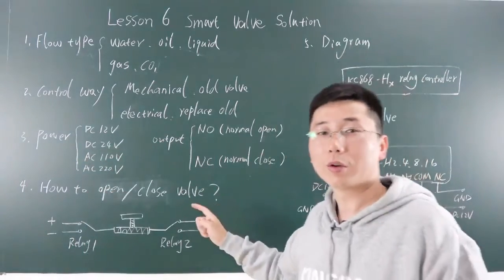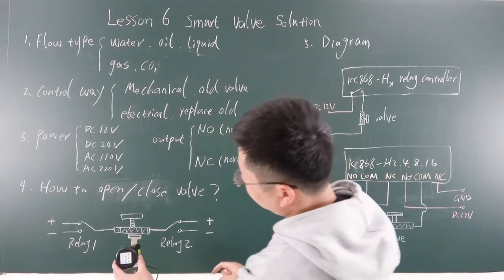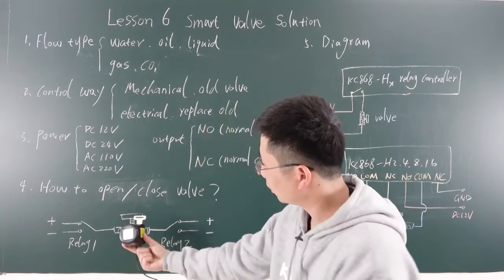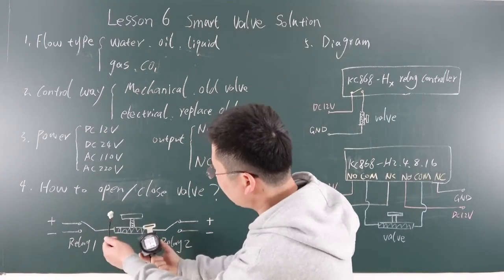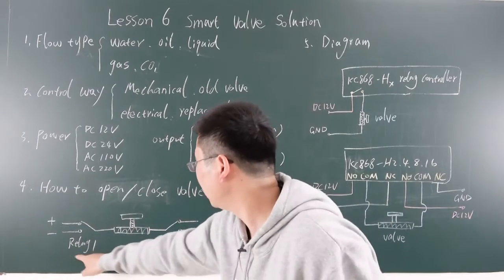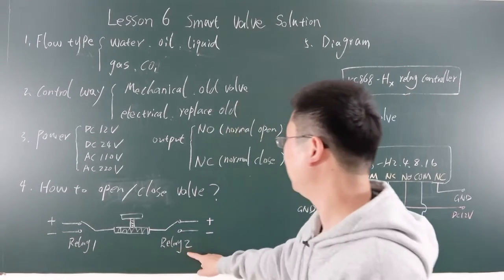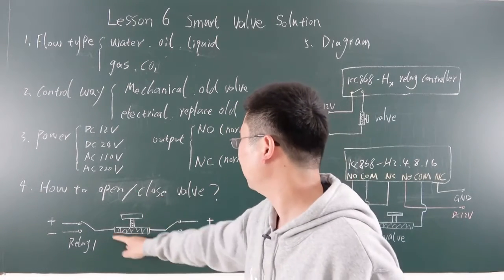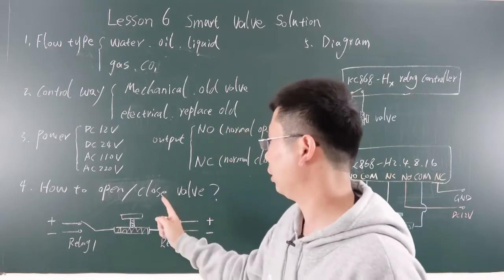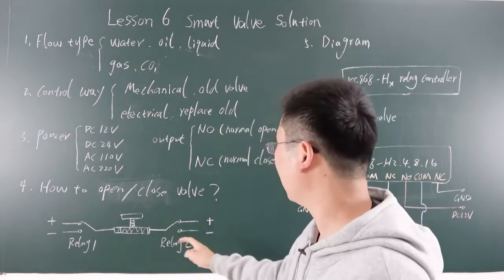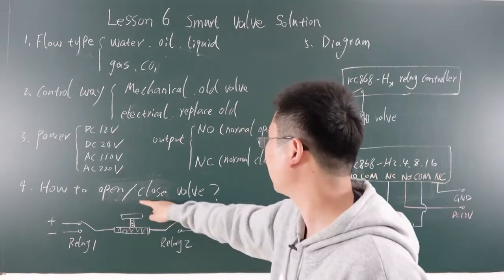How to change? We can see the principle. This is the device, and it has 2 lines. We will use relay 1 and relay 2. Just 2 relays to control this valve to change the directions, maybe open and maybe close.